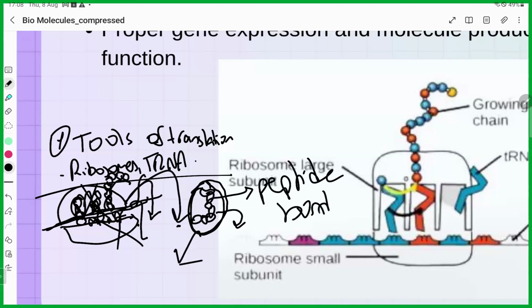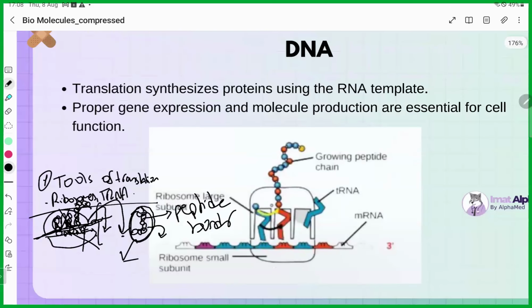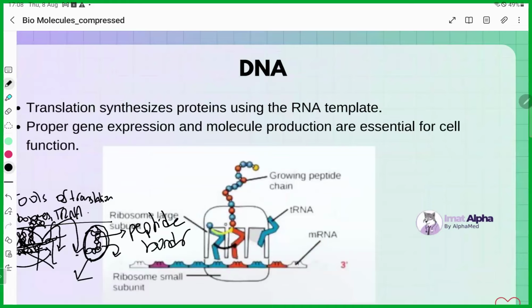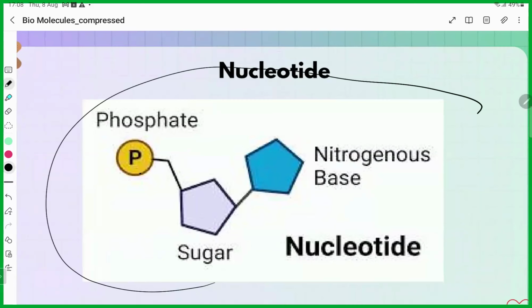Perfect. A nucleotide is made up of a sugar backbone, a phosphate, and a nitrogenous base. All of this together is called the nucleotide, not just one of these parts. The sugar is a five-carbon sugar.